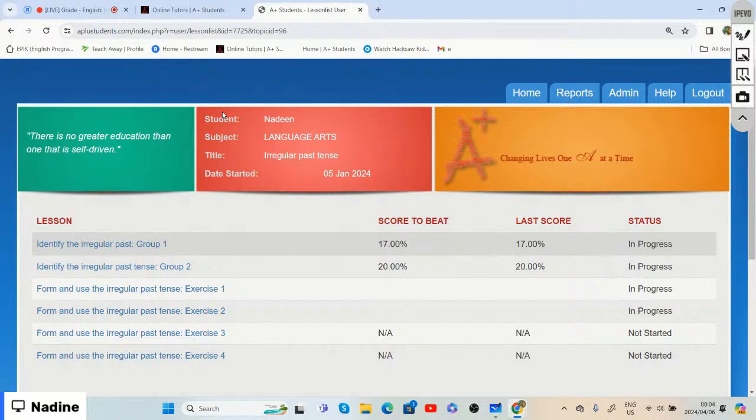Then we're going to select the subject of language arts, grade 2, and scroll down until we get to the chapter of irregular past tense.